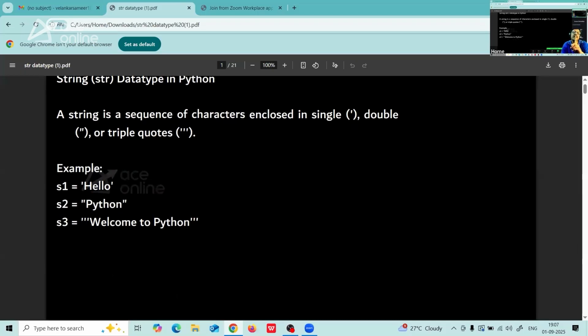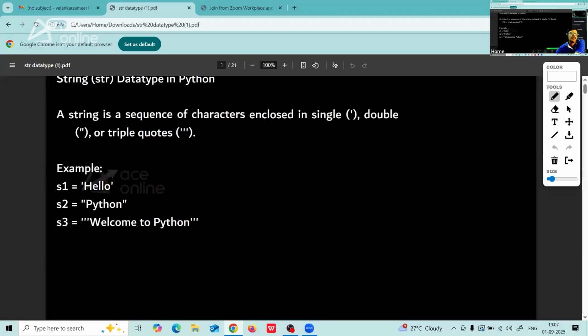And most importantly, we saw that strings are immutable. What was that word? Immutable. Very interesting discussion. Yeah. The strings are immutable.